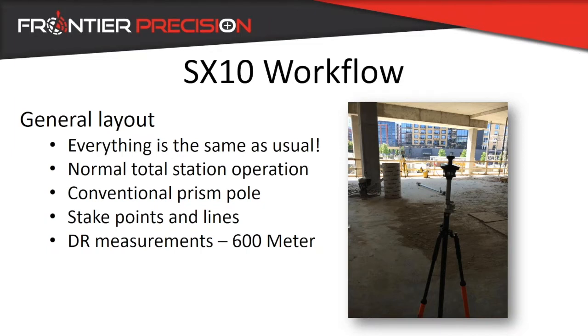You have an extremely long way that you can shoot with this machine and still get a reading. Paired with that with the 84 times magnification of our telephoto lens, it makes it extremely powerful for being able to take a DR measurement at a long distance. You know what you're shooting, you can see what you're shooting, and you can shoot that distance that you need to. So general layout, it's same deal, you're ready to go.